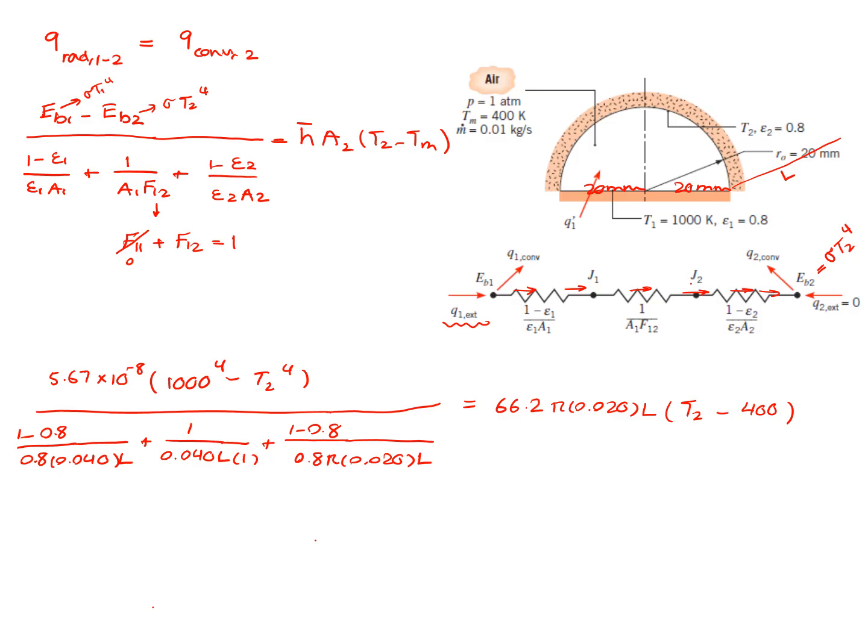If this is an exam, you could make an assumption and see if both sides of the relation work. So kind of like a trial and error method to see if you get close enough to T2, or if you can actually solve this type of relation. If you actually try to solve this, you should be able to arrive at T2 at 696 degrees Kelvin.